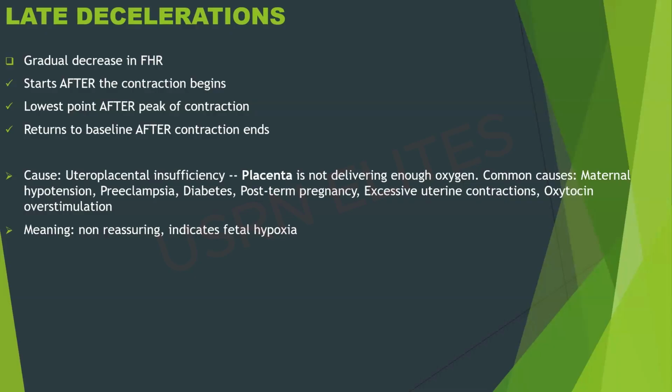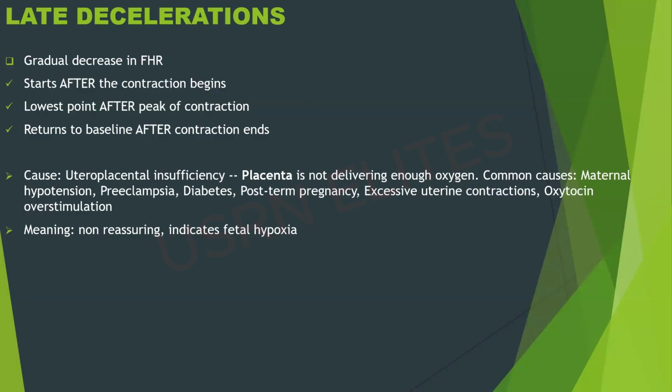Diabetes, hypertension. Post-term pregnancy. With post-term, the placenta is gradually detaching, because it's beyond the term. So once the placenta gets detaching slowly, where will the baby receive blood? Excessive uterine contraction.